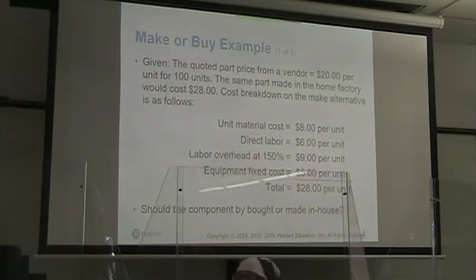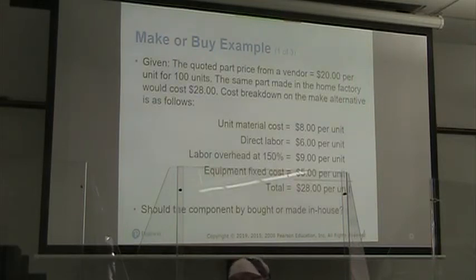In this case, they're putting it at 150% of what that person is getting paid, right? Because that is going to go into things like insurance, taxes, all kinds of little business things that we don't necessarily think about when we think about our make or buy decision.